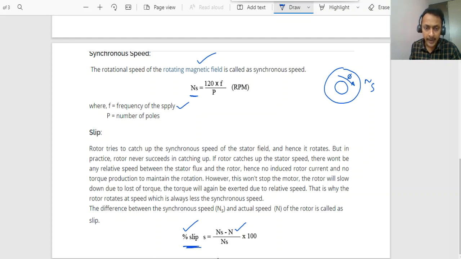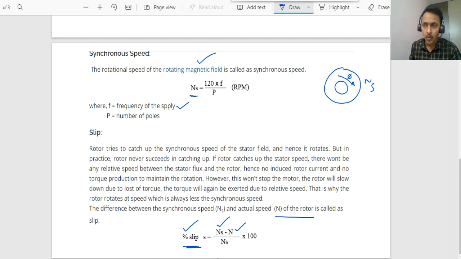In this formula, ns is the synchronous speed and n is the actual speed of the rotor.